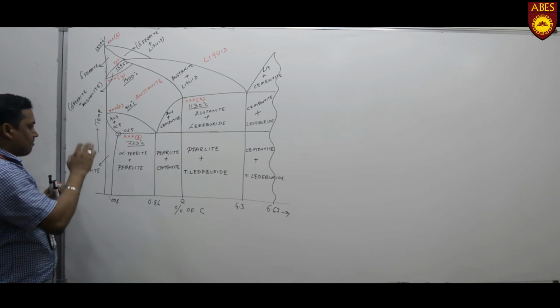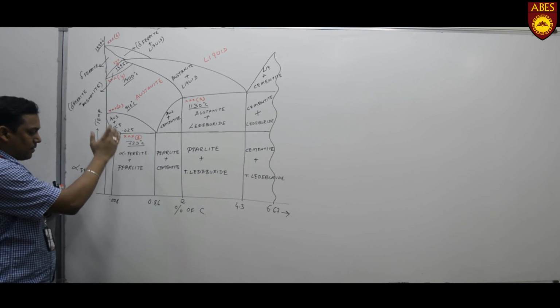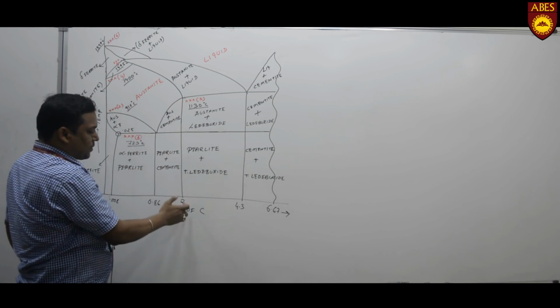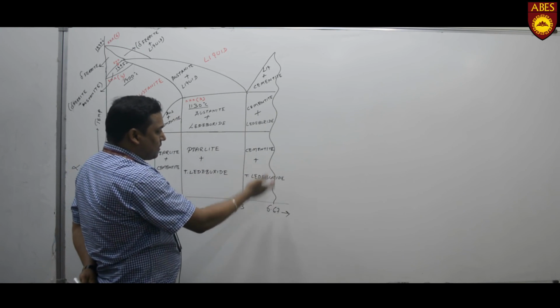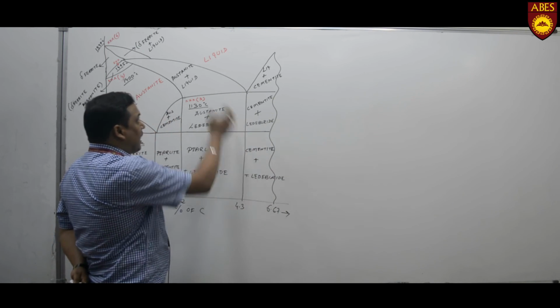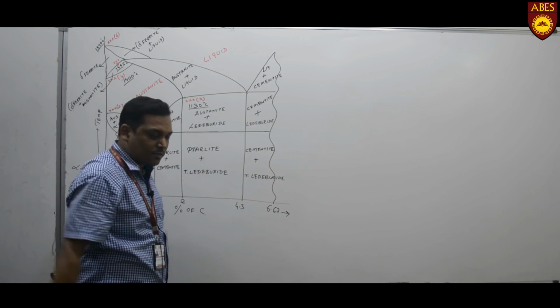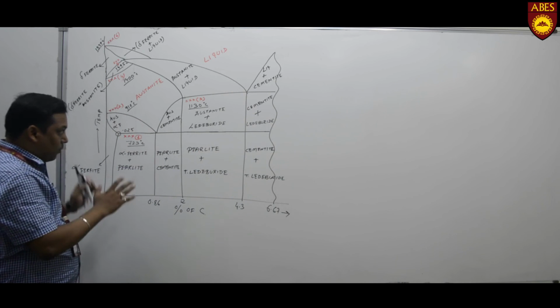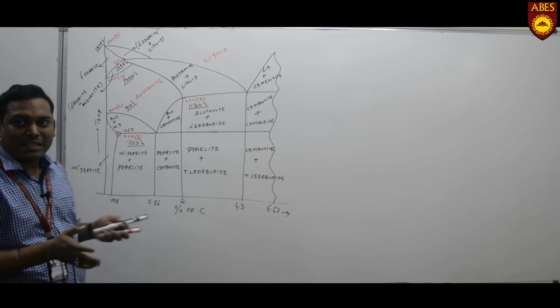So for alpha ferrite, the maximum possibility is 0.025. Austenite's maximum possibility is 2%. Cementite's maximum possibility is 6.67%, and for the liquid section, the maximum possibility for the dropping down is 4.3%. Okay, now on the basis of the iron carbon diagram, so many types of information come out.